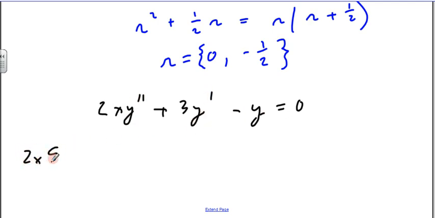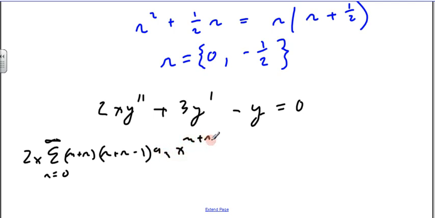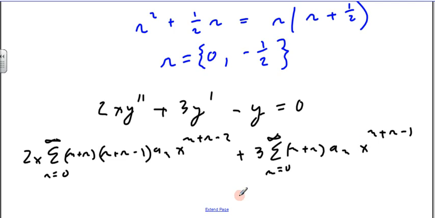So 2x summation n equals 0 to infinity, n plus r, n plus r minus 1, a n x to the n plus r minus 2, plus 3 summation n equals 0 to infinity n plus r a n x to the n plus r minus 1, minus summation n equals 0 to infinity a n x to the n plus r.